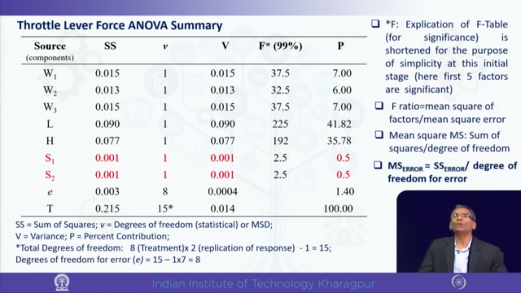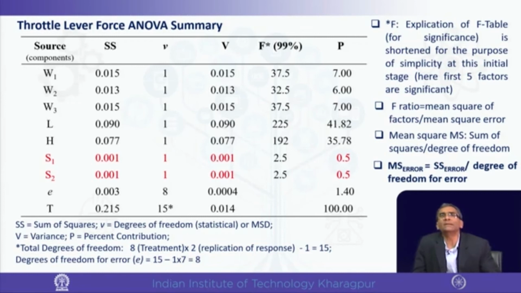Hence, we would try and see what we can do here, or rather, we need to tighten the tolerance on these two components, like it was 0.25 for each. Now, we have to reduce it, and therefore, these two, the red ones, it is called pooling, that we are pulling and merging it with the error. That means, we are ignoring them and taking it as an error which does not affect us much.